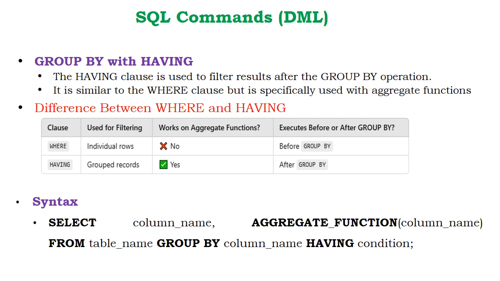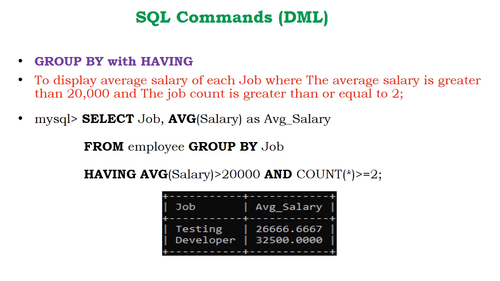So what is the syntax? Select column name, any one aggregate function, then column name from the table name, group by the column name, having conditions. For example, display the average salary of each job where the salary is greater than 20,000 and the job count is greater than or equal to 2.